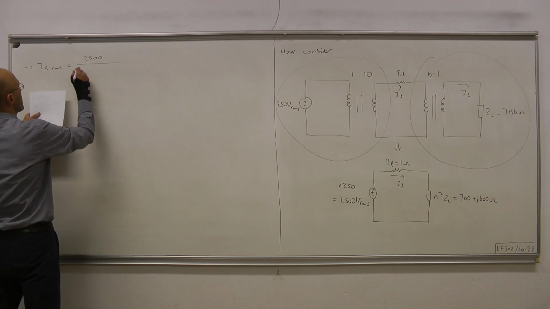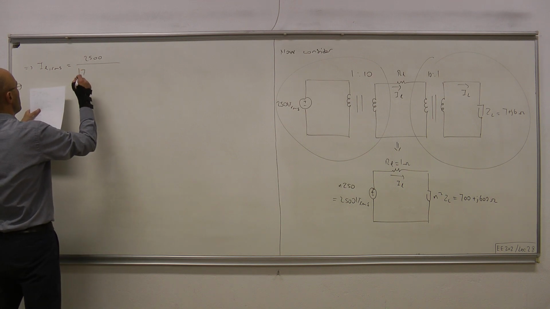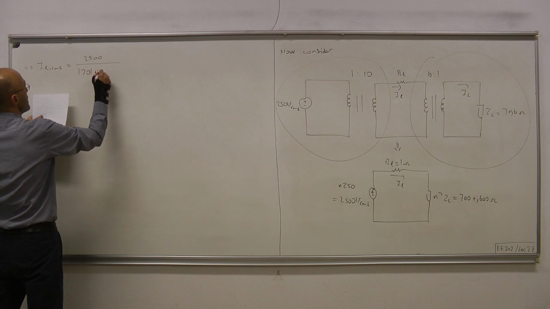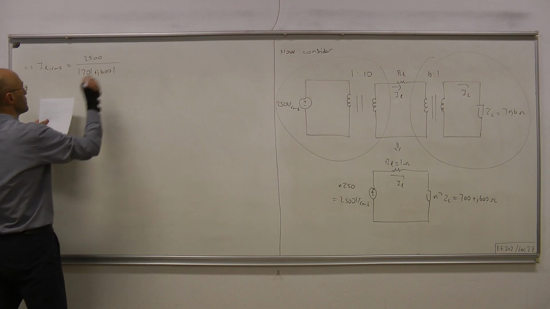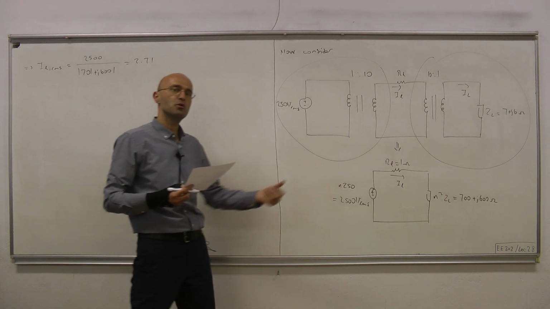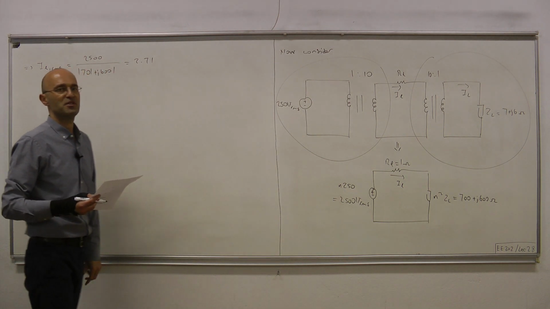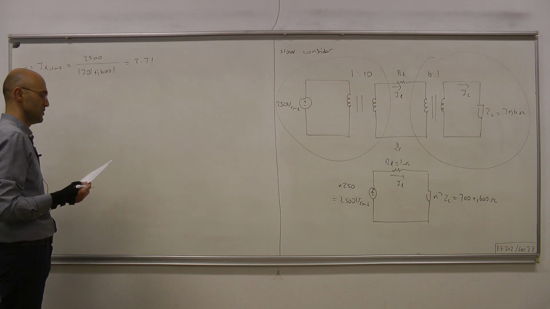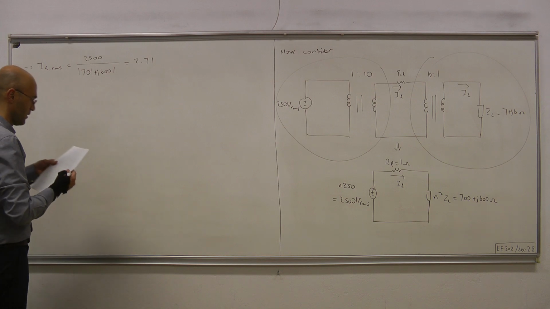So that's 2500 divided by the magnitude of 701 plus J600, and that's quite small compared to the previous 25 amps. Now we have only 2.7 amps.